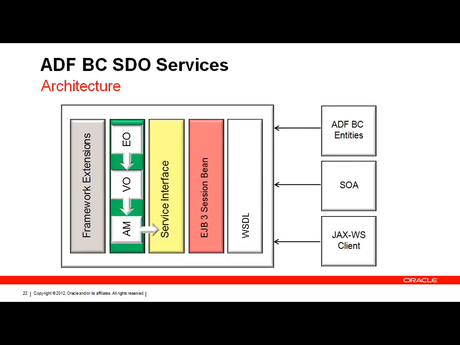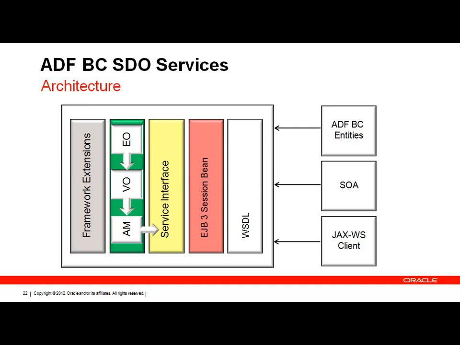This picture shows the architecture. On the left hand side, we start with framework extensions that we typically recommend you build for view object implementation classes, entity object implementation classes, and application module classes. Then, when creating the model, which most likely will be based on a database table, you create entity objects to be able to update the table. You create view objects to read from the tables, and then the application module to expose the business model.